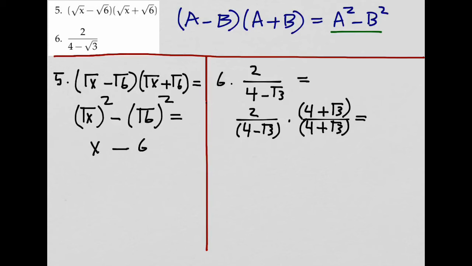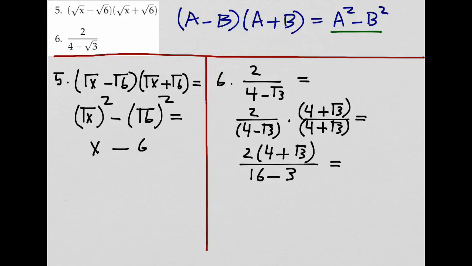That's equal to 2 times 4 plus root 3, that's the numerator. The denominator is 4 minus root 3 times 4 plus root 3, which is of the form a minus b, a plus b. So that's equal to 4 squared, which is 16, minus square root of 3 squared, which is 3.